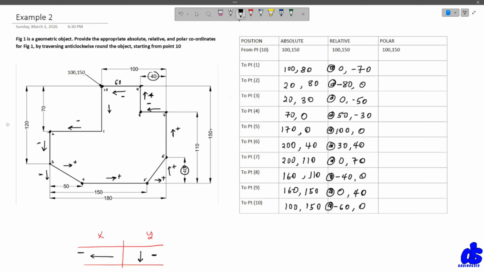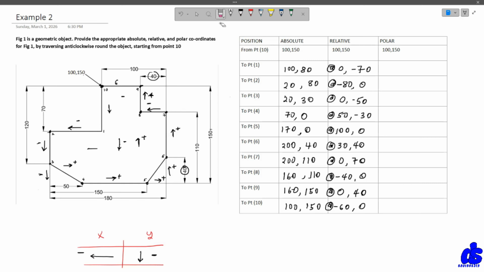And based on the direction, whether it's going down, which is negative, or it's coming up, which is positive, or left or right, which is negative and positive respectively, you know which value to put in, whether it's going to be a positive number or a negative number. Now let's do the last one for the polar.